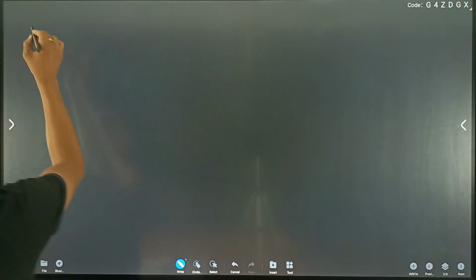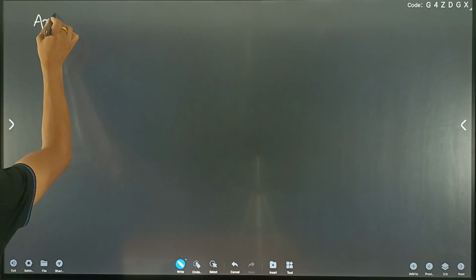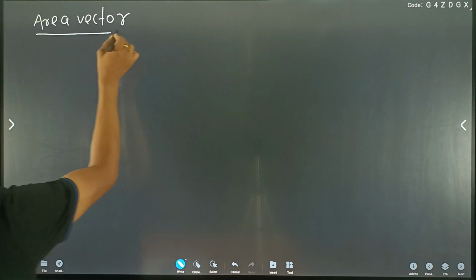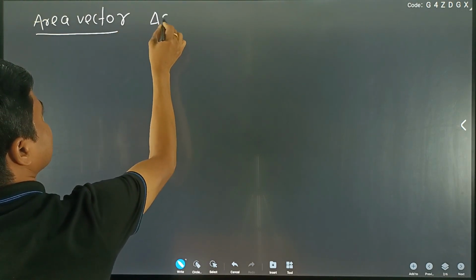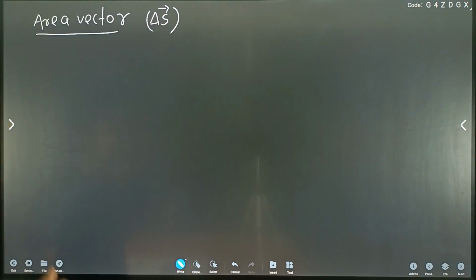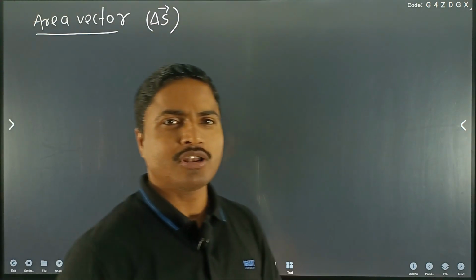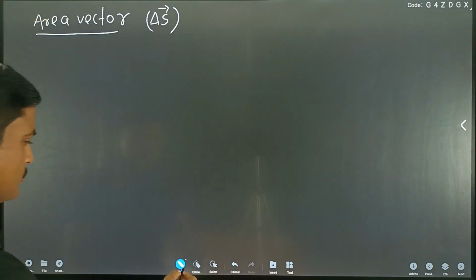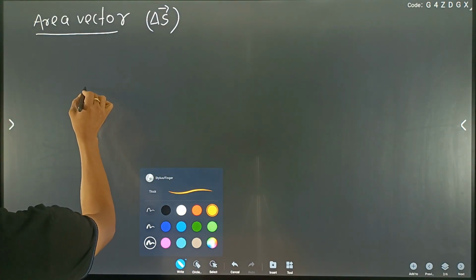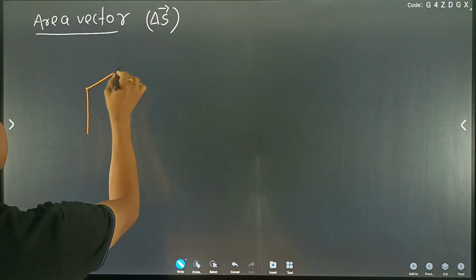For area vector, we write the symbol del S vector. Del S means small area element. Suppose we take a small area element.